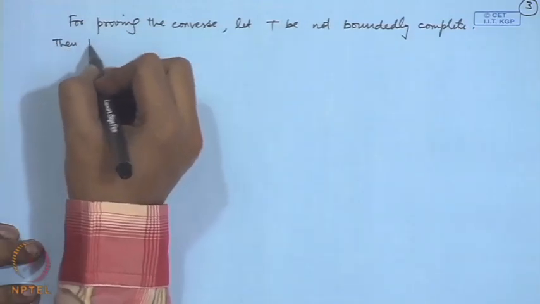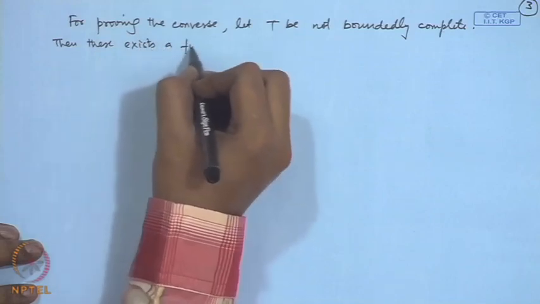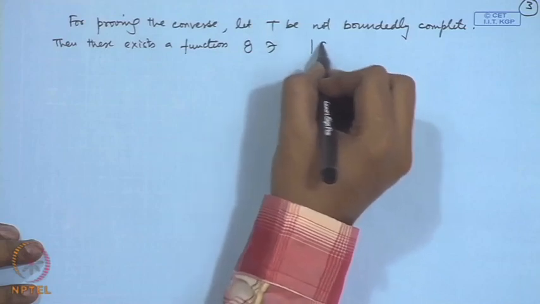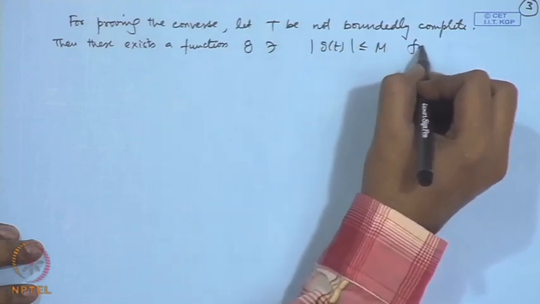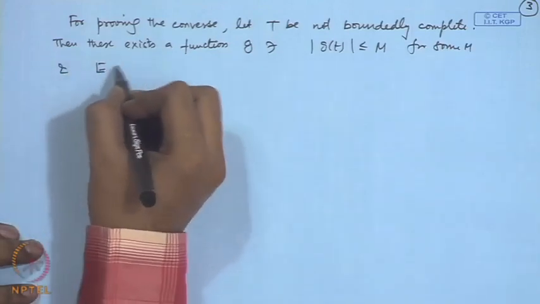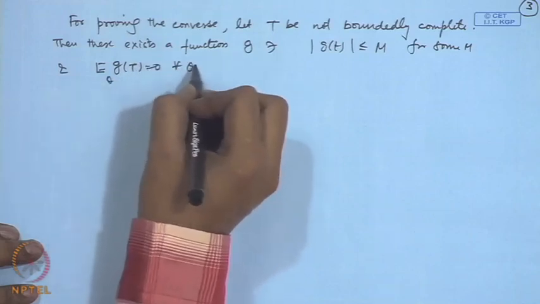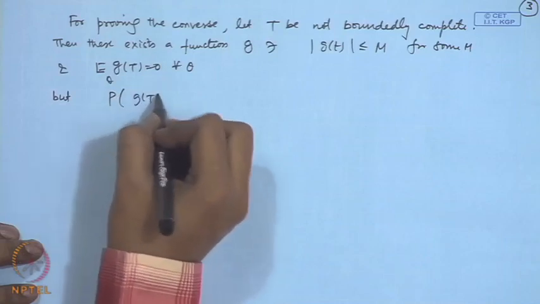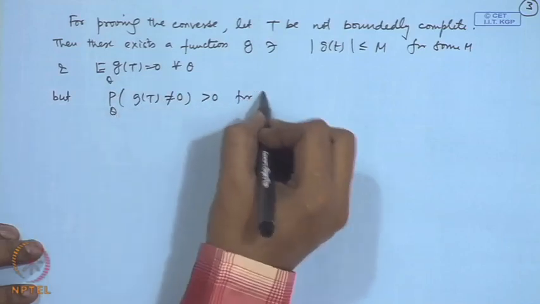Then there exists a function, say g, such that g is bounded and expectation of g(T) is equal to 0 for all θ, but probability that g(T) is not equal to 0 is positive for some θ.